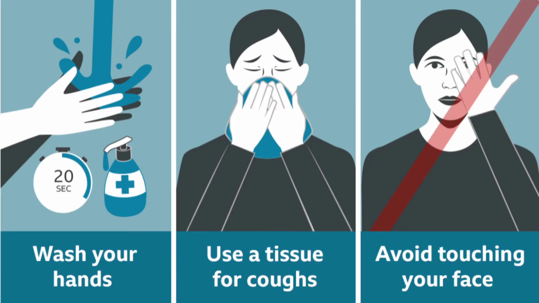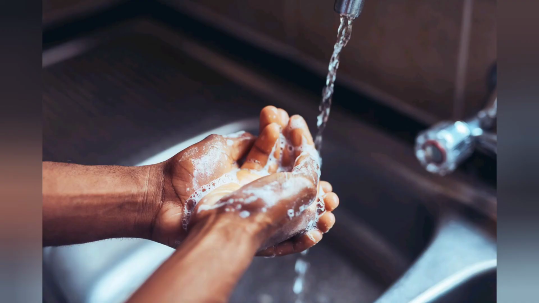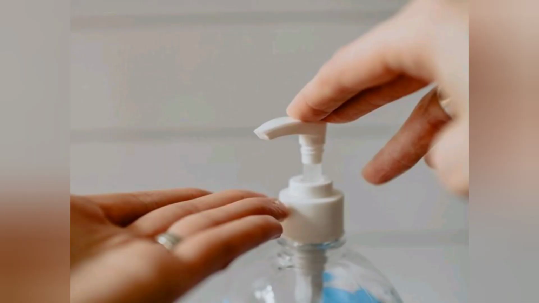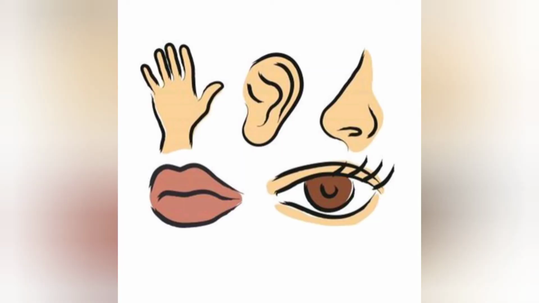Relax. Follow the safety measures: frequent hand washing under running water. Use the hand sanitizer. Avoid touching your mouth, your ears, your eyes, your nose. Also, avoid touching your face.